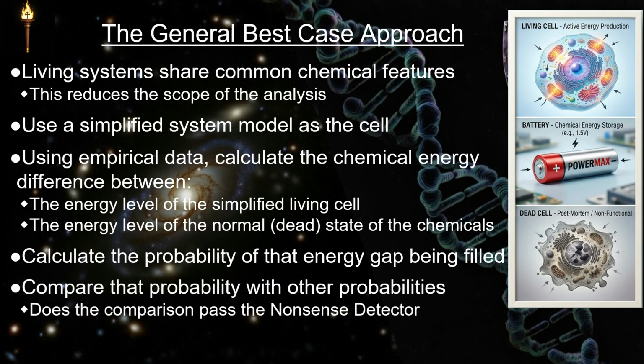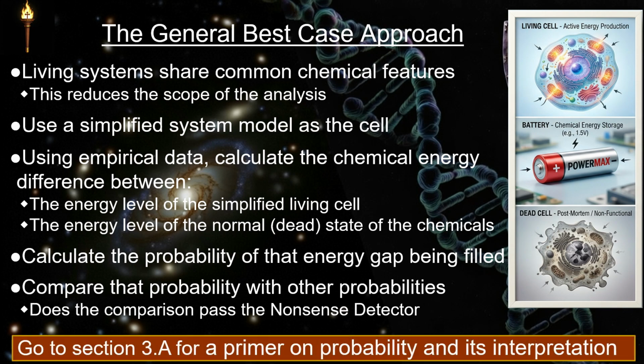And then we're going to compare that probability with other probabilities with the goal of having the nonsense detector look at that comparison and determine whether it's nonsense or not. I would recommend you go to section 3A for a primer in probability and its interpretation. If you're a little rusty, very simple math is all that's needed.